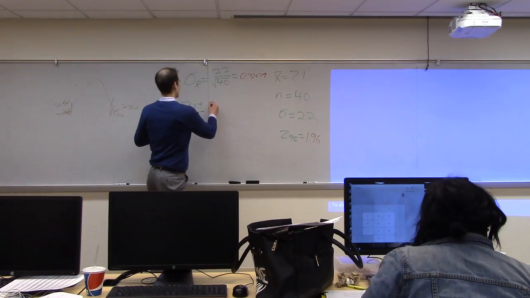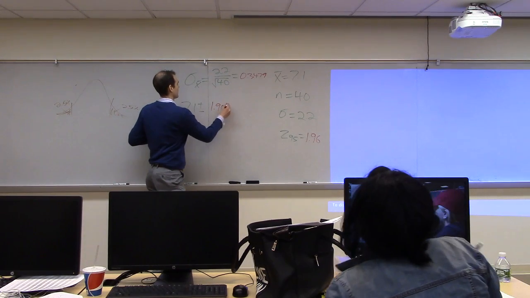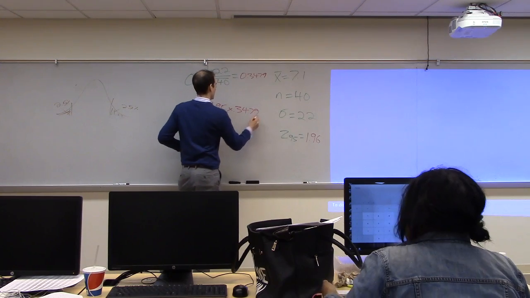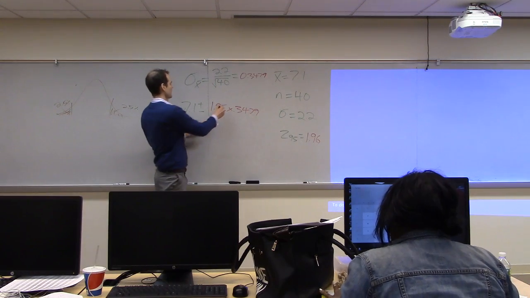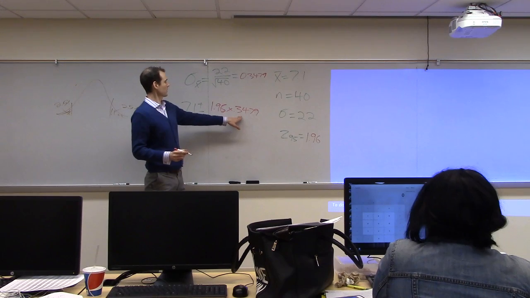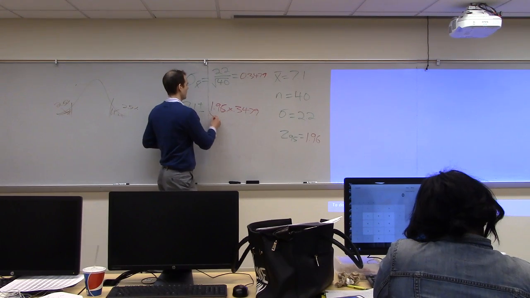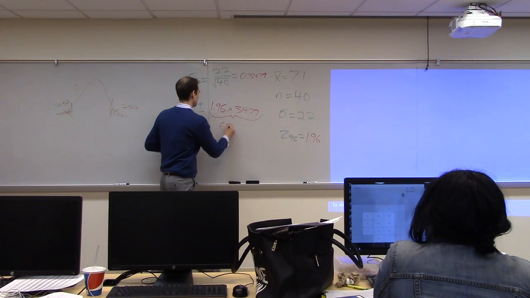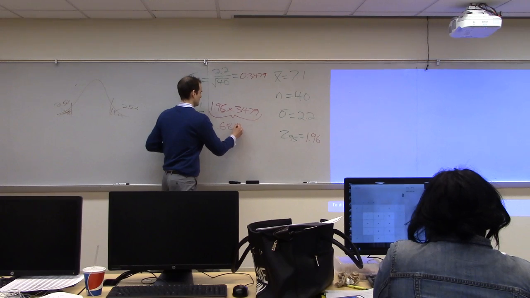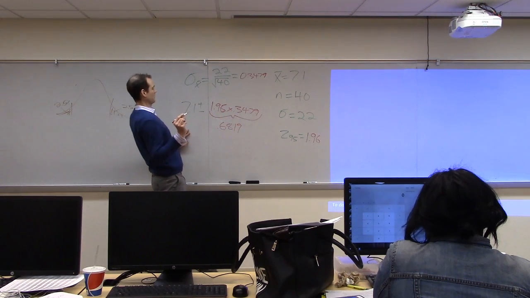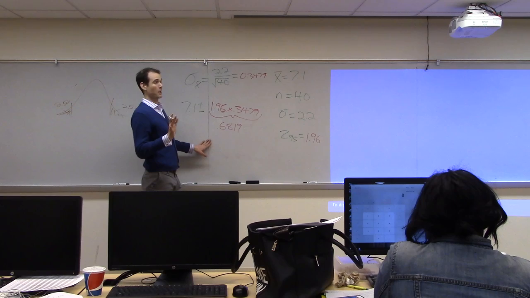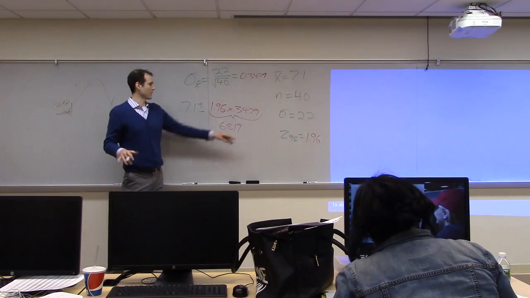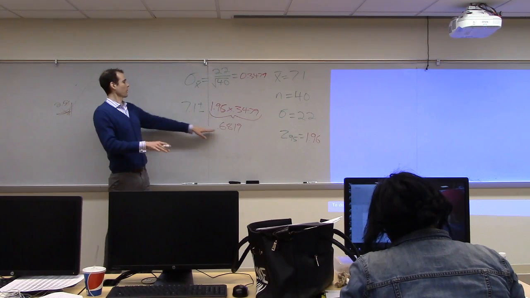So 1.96 times 0.3479, what does that come out to? 0.6819. Okay, 0.6819 is our margin of error, so we're going to take 7.1 plus 0.6819, and 7.1 minus 0.6819.